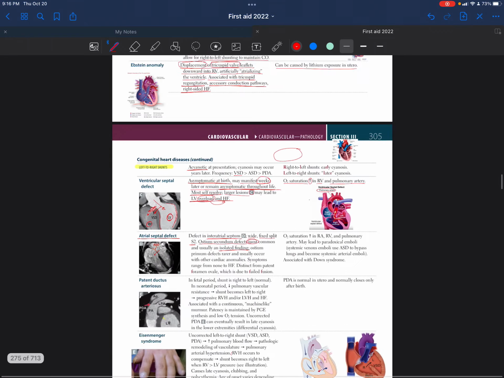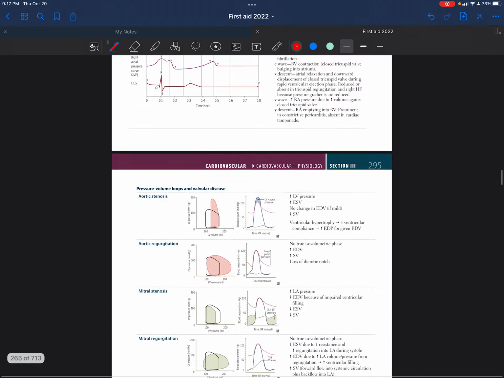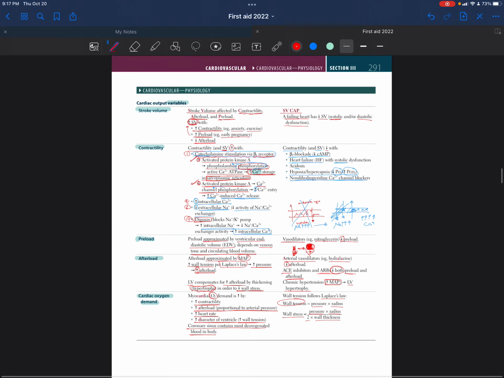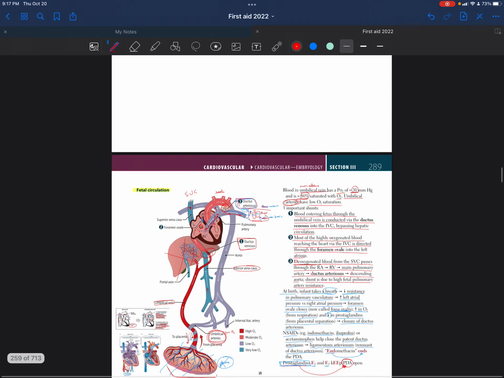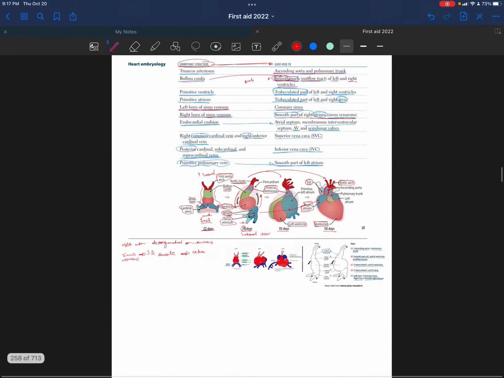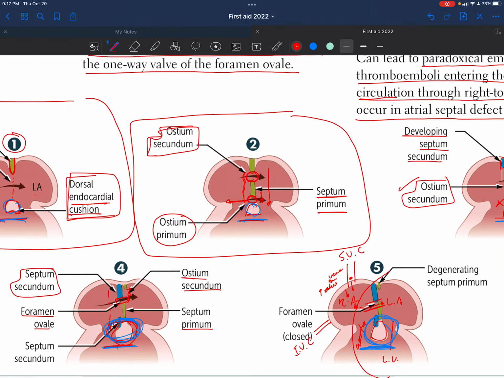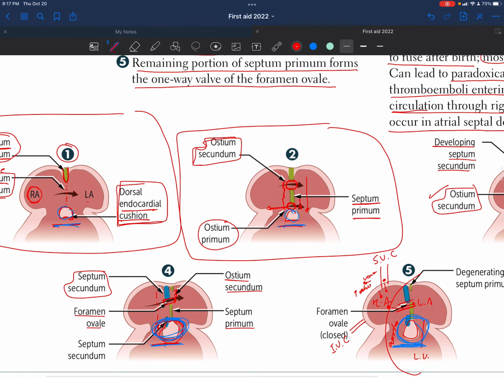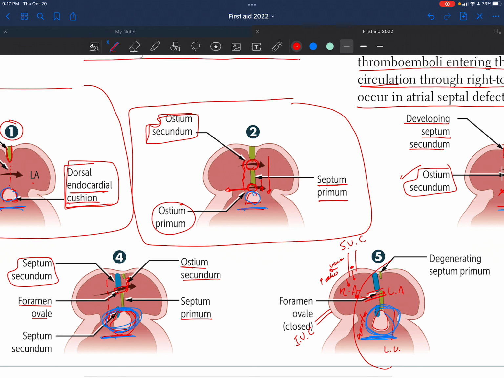So the ostium secundum defect is something that we talked about in the embryology, and that should be somewhere in here. So the septum primum is this green thing.